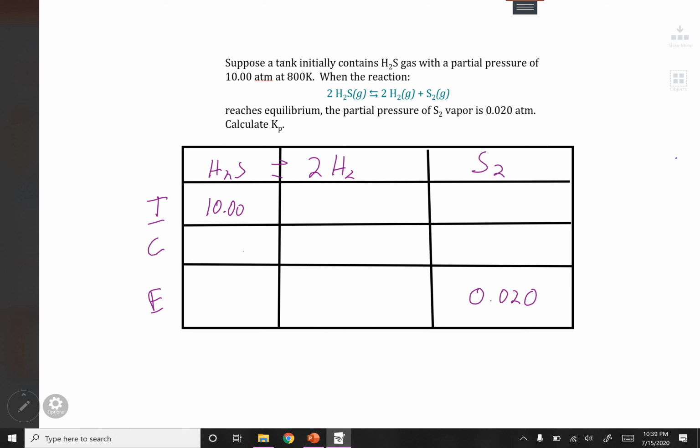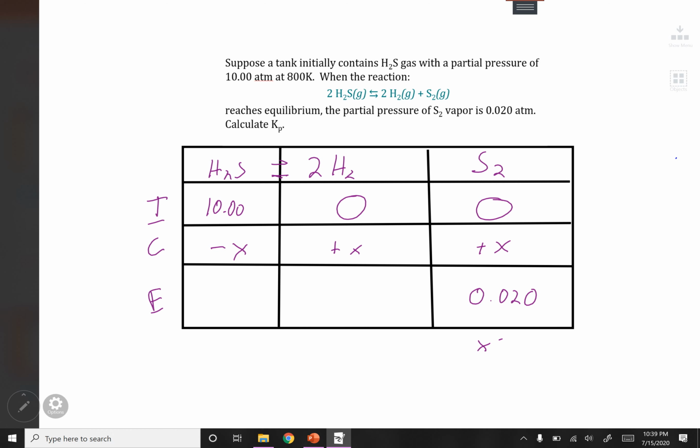Okay, so remember, these are where our equilibrium arrows are. So H2S is our reactant, the other two are our products. So we know this is going down by minus x. We know both of these have 0 to start from, so our initial for both of those is 0. We know they're increasing by x.